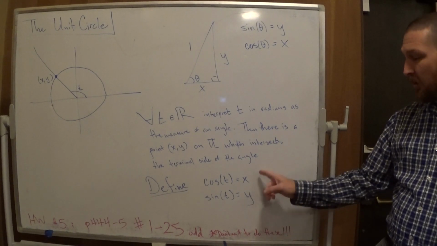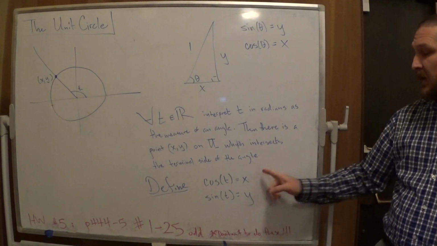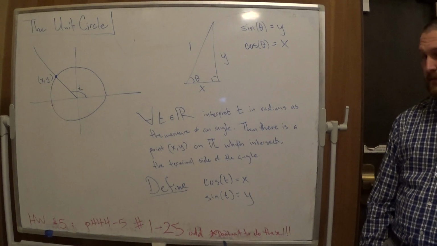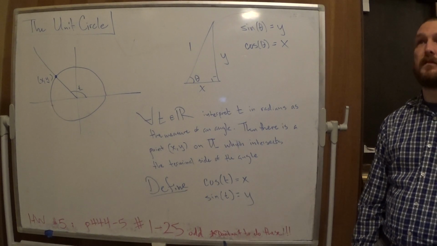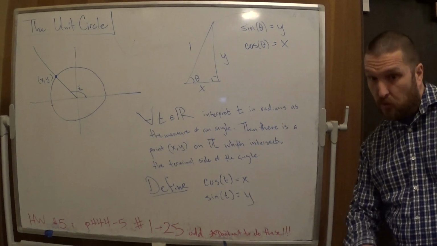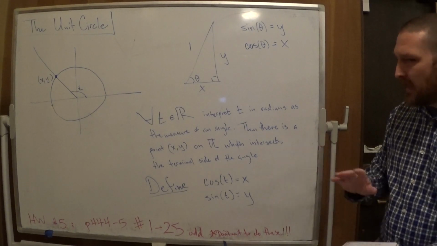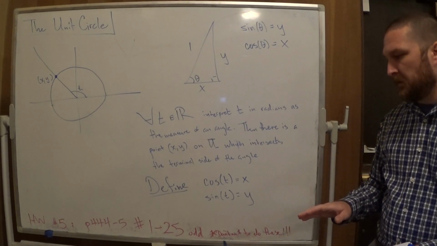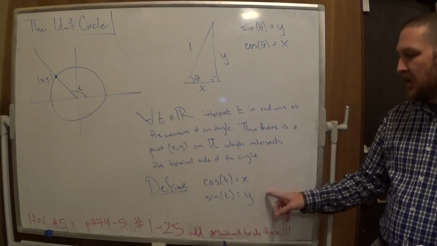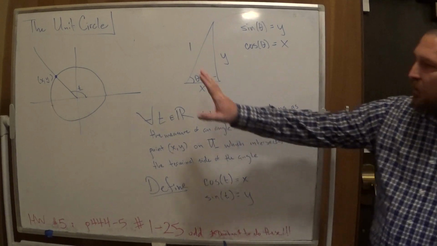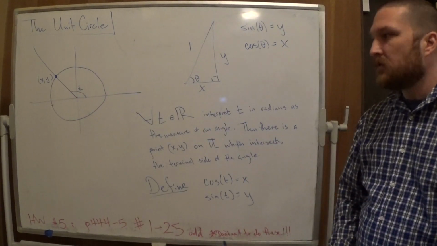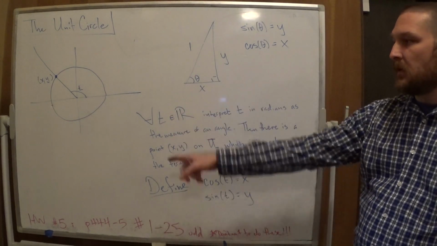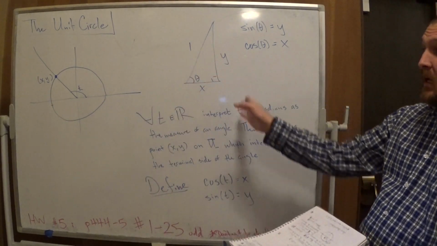This is just how we are officially going to define sine and cosine for the rest of this class. Sine is no longer opposite over adjacent, although you might want to use that from time to time, but that's not how we're going to define it. We're defining it this way, that they're just simply the coordinates of the unit circle for any given angle. Could have been a negative number, right?